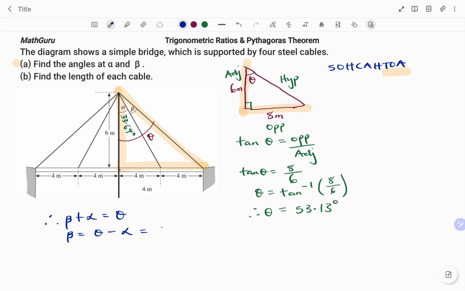My theta is 53.13 degrees minus the value of alpha, 33.69 degrees. So therefore, my beta equals 19.44 degrees to 2 decimal places.